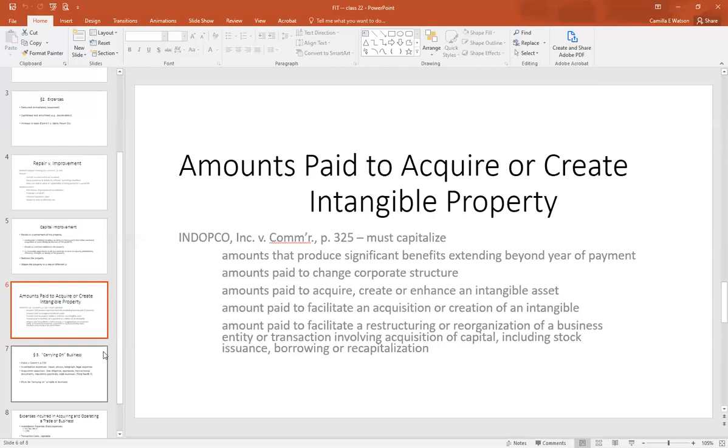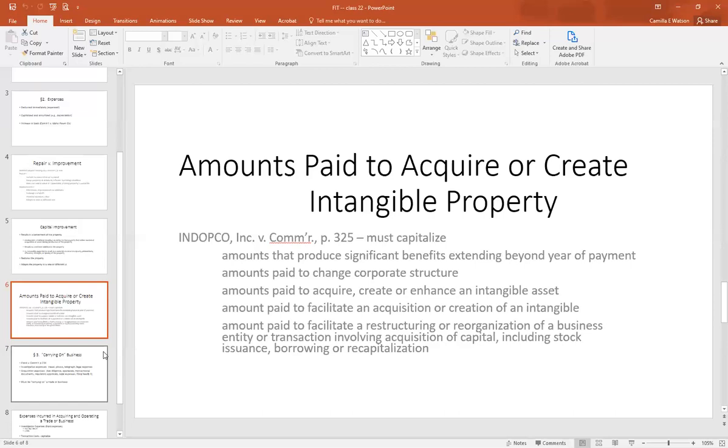Additionally, while the regs seem to defer to the significant future benefits test, the operation of the provisions does a great deal to undermine the test as the standard for determining whether an expenditure should be capitalized. On the other hand, it should be pointed out that the Supreme Court did not establish the substantial future benefits test as the touchstone for deciding all capitalization issues.